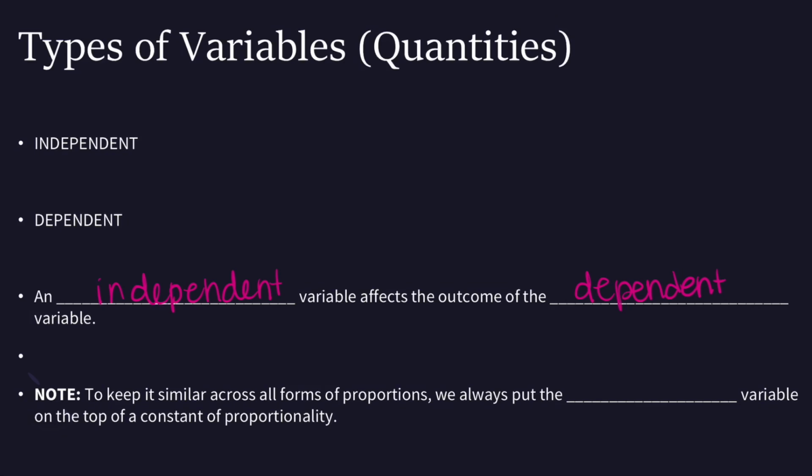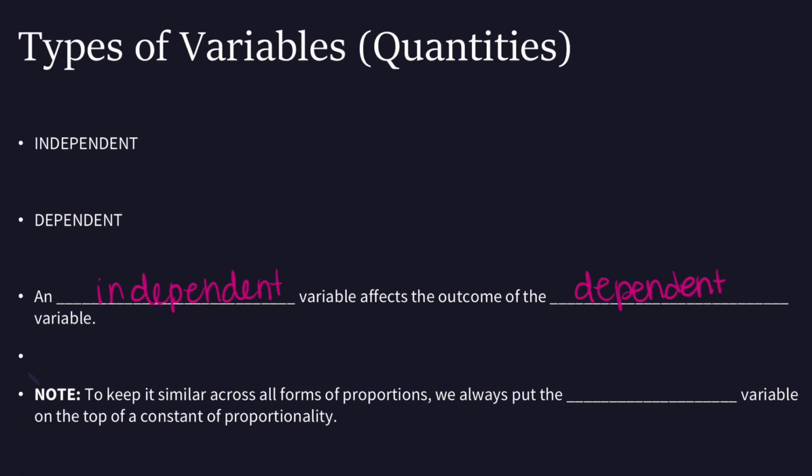So like if I was to buy potatoes, for example, the amount of potatoes determines the amount of money I'm going to spend and not the other way around. Or like if I'm going to be talking about how far I've traveled, my independent variable will be time and my dependent variable would be distance, because the amount of time that I'm traveling determines the amount that I've gone.